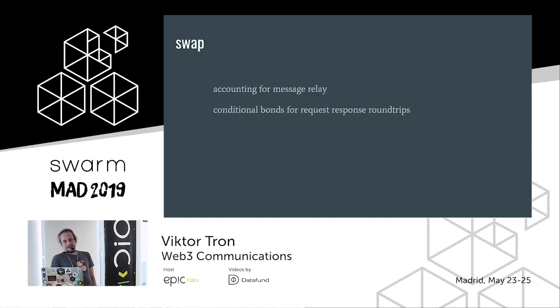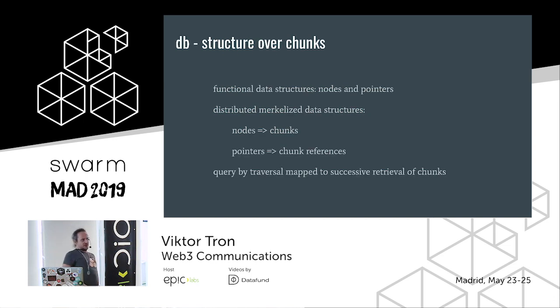But let me continue with a bit more. So over chunks, there's also an extra layer. You can interpret chunks as not completely independent of each other, but assume that there are structural relationships over them. This is a whole new layer, which you can even think about as application level.